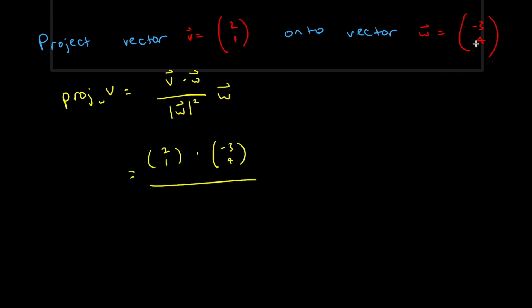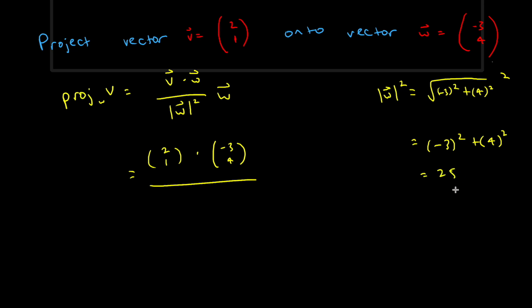Magnitude of w squared is the square root of -3 squared plus 4 squared, all squared. So this is just -3 squared plus 4 squared, which is equal to 25. So here we have 25 times our vector w, which is -3, 4.